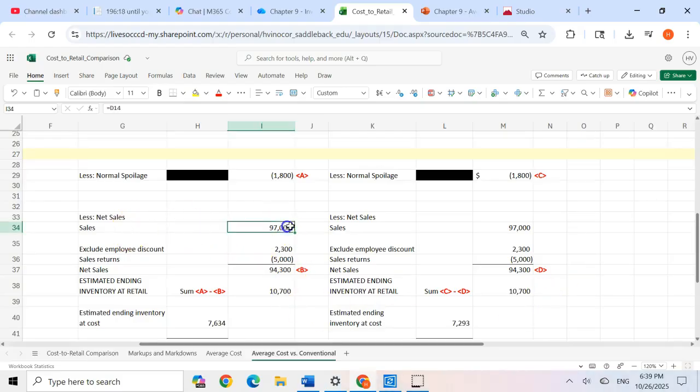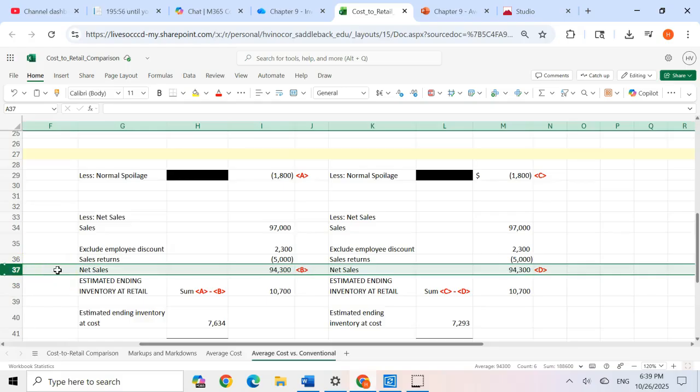Here we start with our sales of $97,000, and we have to exclude our employee discount that's embedded in the $97,000. So we add it back to our net sales, and we have minus our sales returns of $5,000. So our net sales is $94,300. Again, the same under both methods.